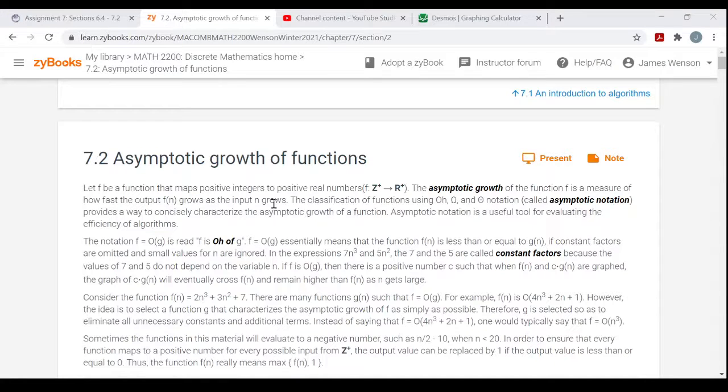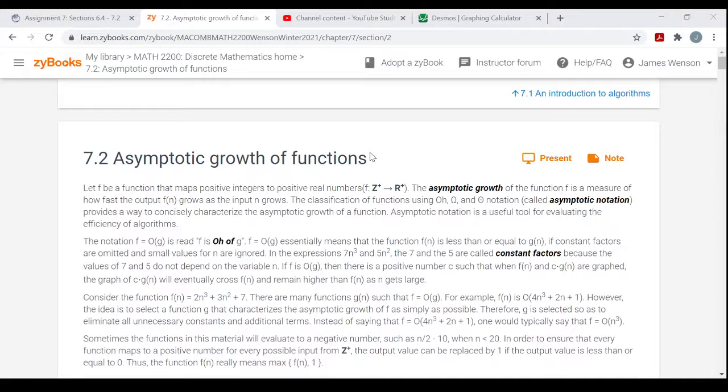The classifications of functions using O, omega, and theta notation, called asymptotic notation, provide a way to concisely characterize the asymptotic growth of a function. Asymptotic notation is a useful tool for evaluating the efficiency of algorithms.